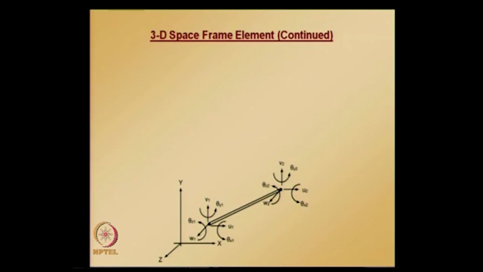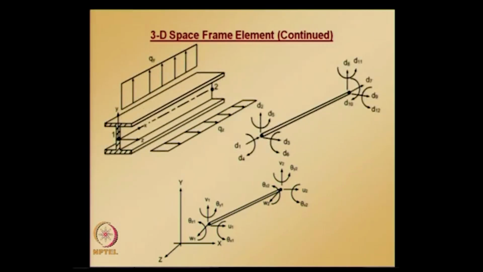Now we need to know what is the relation between the displacements and rotations in the local coordinate system and the displacements and rotations in the global coordinate system. So this is what we had in the last class.